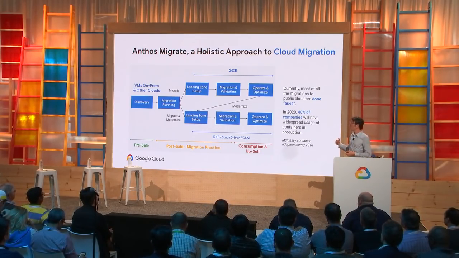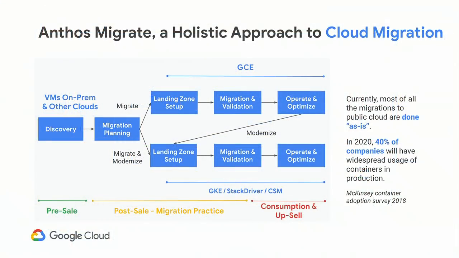And then we go into our next step, which is our migration practice. What you see here is two different trains that we can take. The top one we run on GCE. So the top one is we take a VM running on premise, and then we run that as a migration, and we end up on GCE.